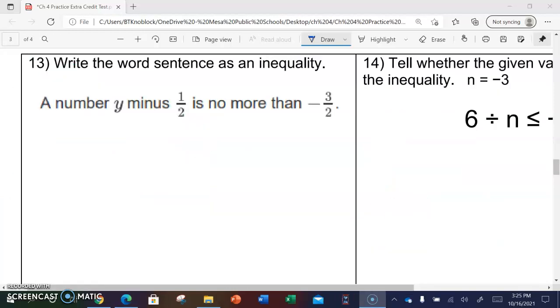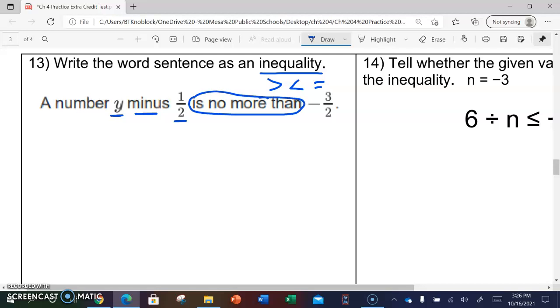All right, number 13. It says write the word sentence as an inequality. Inequality means greater than, less than, equal to, that kind of thing. So a number y minus 1/2 is no more than negative 3 over 2.